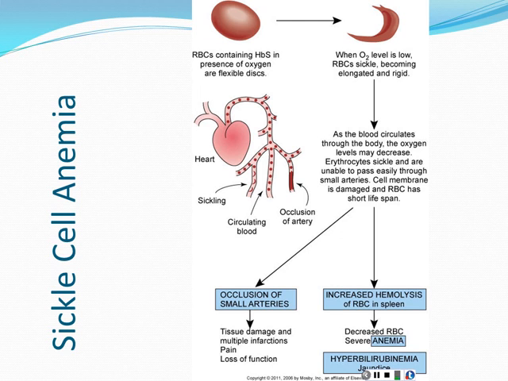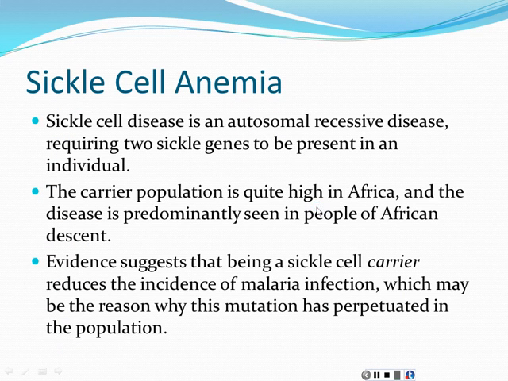So you end up with a high bilirubin as that hemoglobin gets stuck in the recycling process. All right. It is autosomal recessive, so you have to have 2 sickle cell genes in order to have sickle cell disease. Otherwise, you're a carrier, what they call sickle cell trait, but not disease.